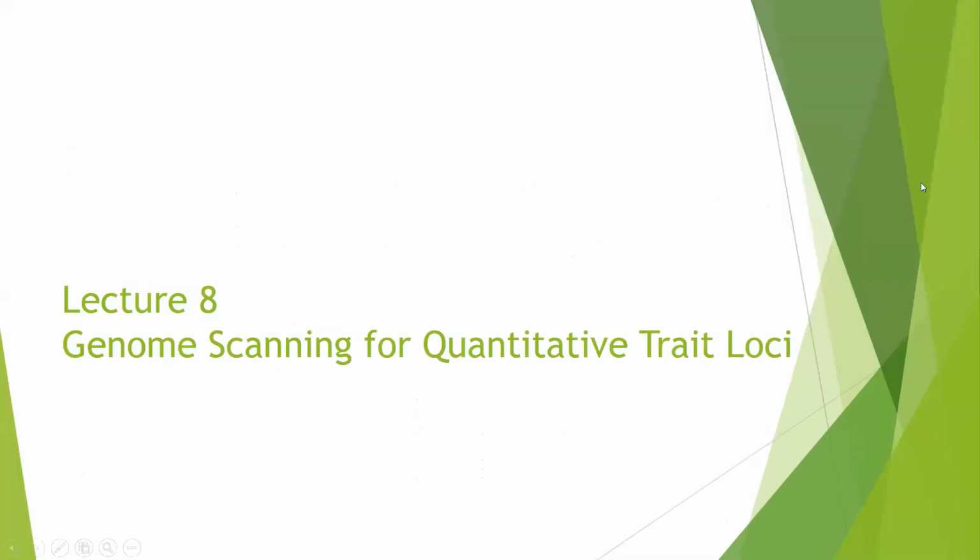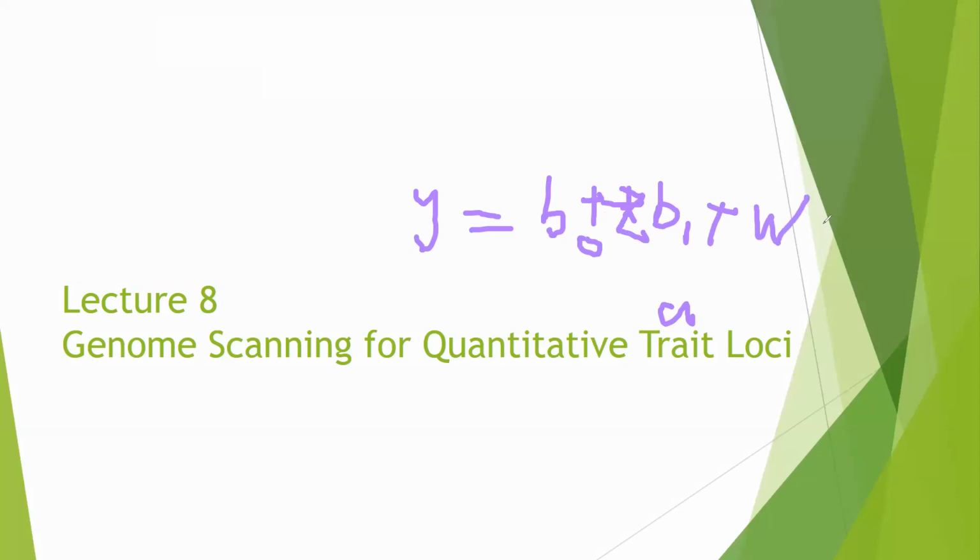We have learned how we can construct a linear model: Y equals B0, the intercept, plus B1 times Z, where Z is the additive effect, plus B2 times W, where W is the indicator for the dominance effect. That's the linear model we can use to test a single locus in the genome.